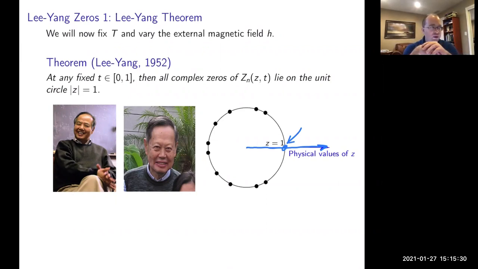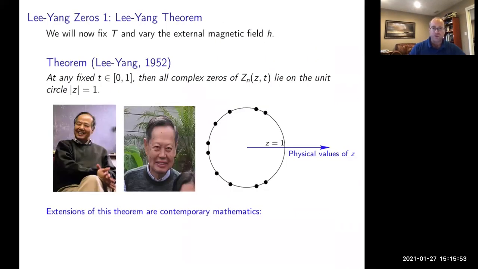So it's an algebraic theorem that tells you that the only place where you could have the phase transition when you're varying H is when H equals 0, which corresponds to z equals 1. It's really amazing to prove a theorem in algebra that has such a consequence for phase transitions.